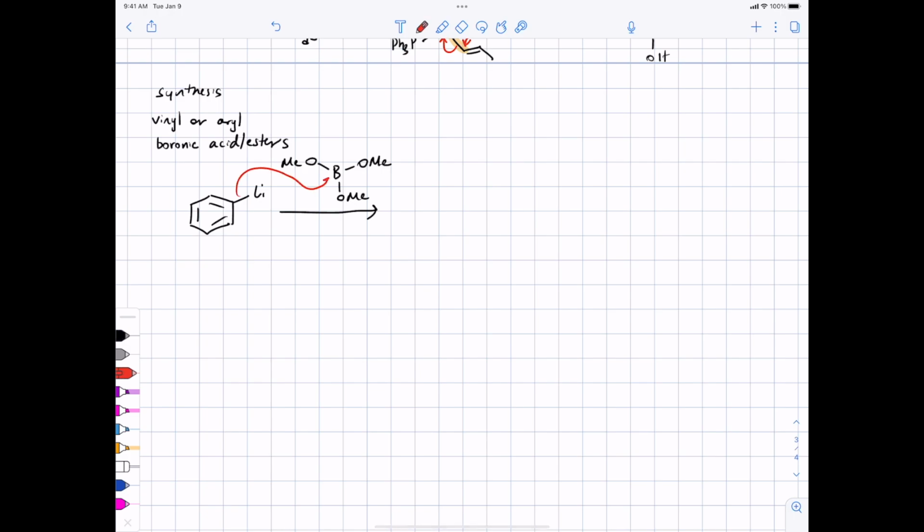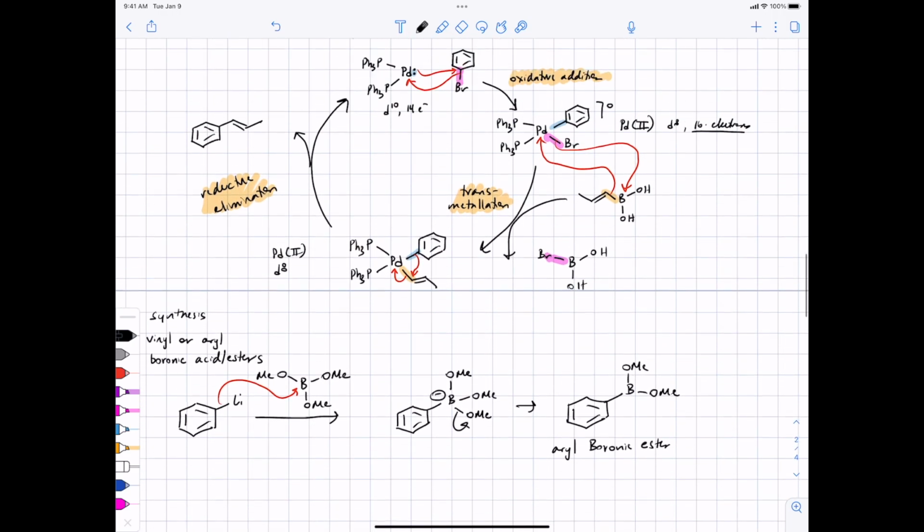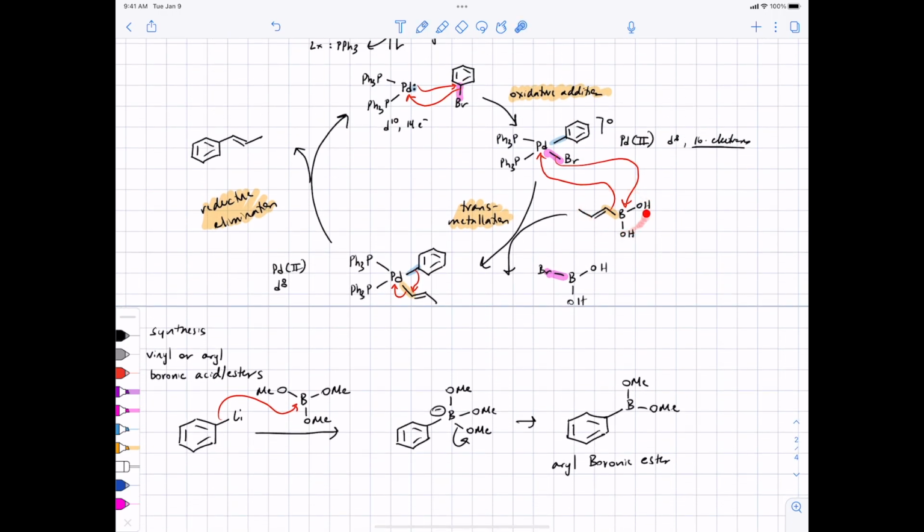Basically, what happens is the organolithium reagent attacks the empty p orbital on boron, and you get this intermediate complex with a negative charge on the boron, which loses one of the methoxy groups to become neutral. So this is an aryl boronic ester, which you can use at this stage.